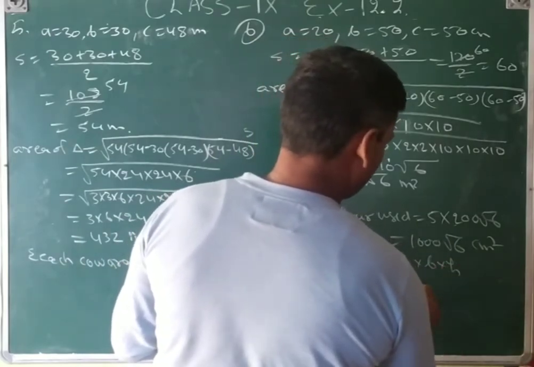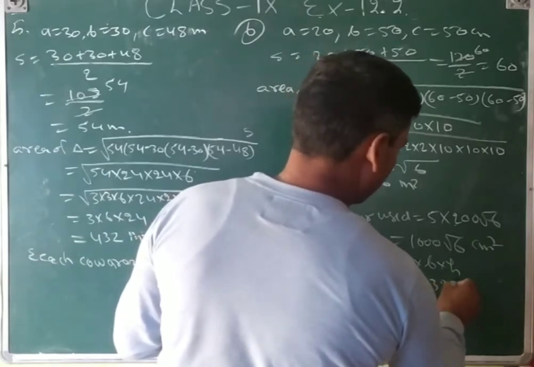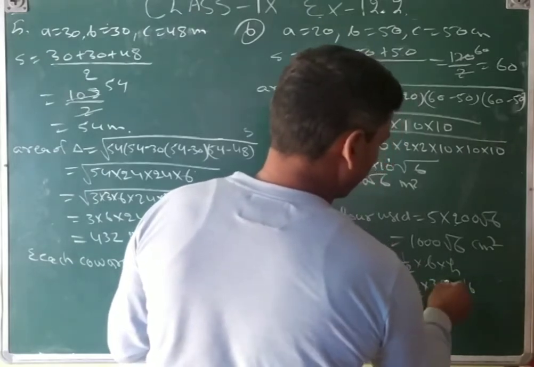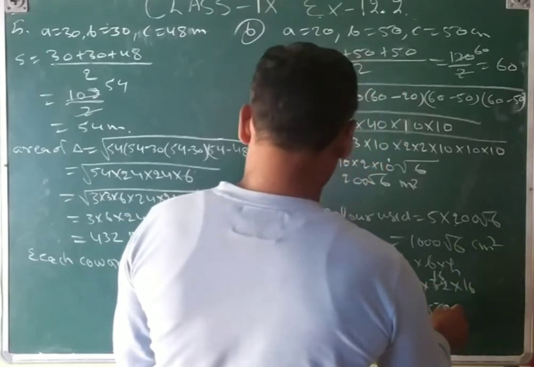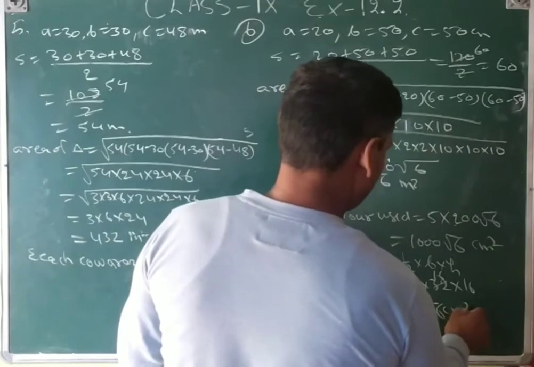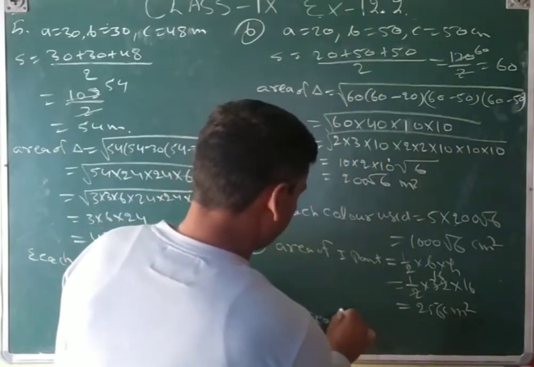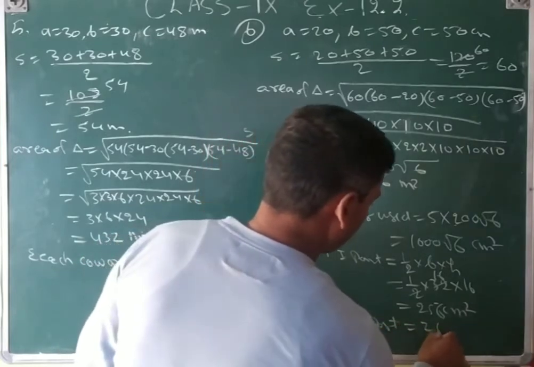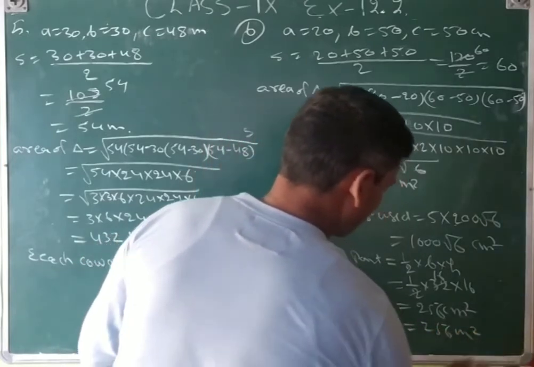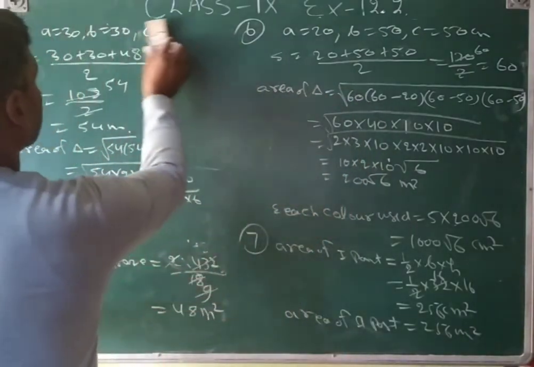So 1 upon 2 into base is 32 and height is 16, because the diagonal is given. So 16 16 is 256 centimeter square. The area of the second part will be the same, because both are the same. Now we will see the third part.